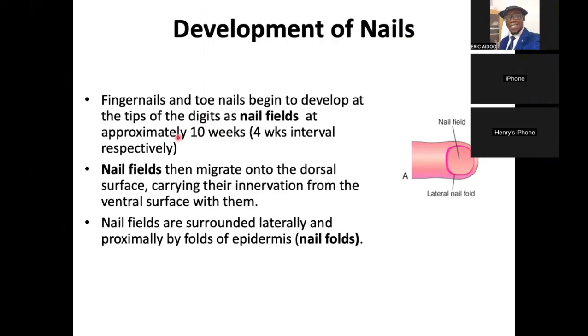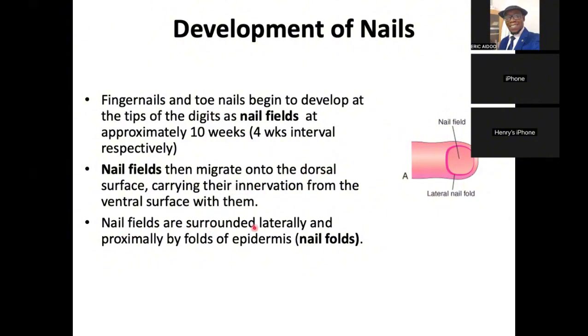So the fingernails and toenails at 4 weeks interval respectively. So nail fields will then migrate onto the dorsal surface, from the ventral surface. They will go to the dorsal portion, carrying their innervation from the ventral surface with them.